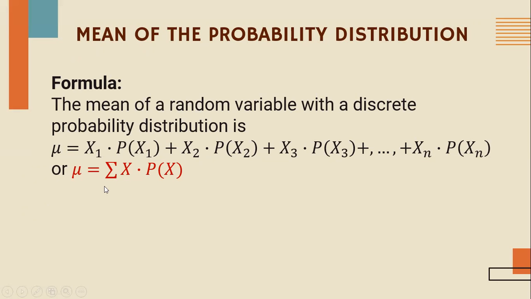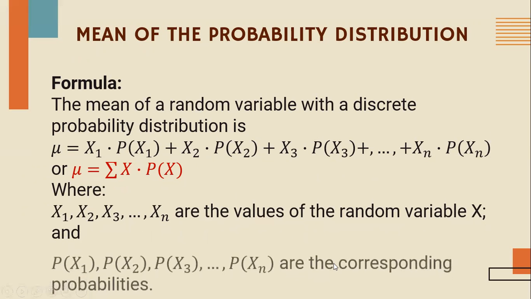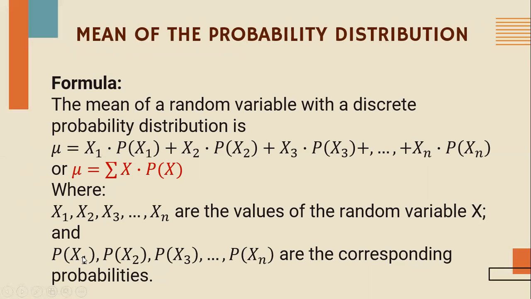In general, mu, or the mean, is equal to the summation of x times p of x. So we will add all of these, wherein x sub 1, x sub 2, x sub 3, and x sub n are the values of the random variable x, and p of x sub 1 and so on are the corresponding probabilities.